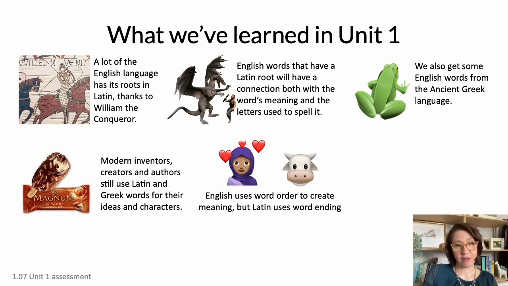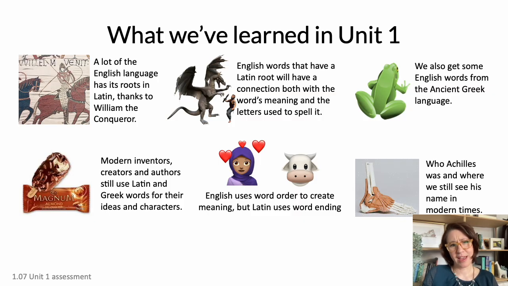From lesson 5, we learnt that English uses word order to create meaning, but Latin uses word endings. And we learned a little bit about Achilles, who he was, and you might want to mention how we still talk about the Achilles tendon in modern medicine.